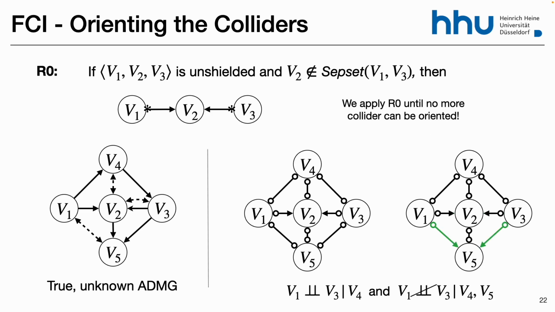The other one, V4, V5 with V2, is also an unshielded triplet. Since V2 is not part of the conditioning set, it's an unshielded collider. Okay, so we learn all the unshielded colliders by just checking triplets that are unshielded and checking whether the variable is part or not of the separating set.